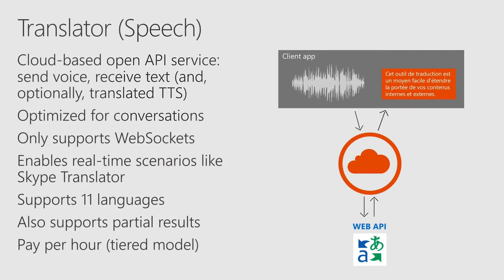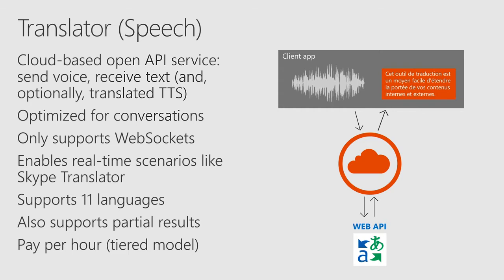The next service we're going to talk about is Speech Translator. And as the name might suggest to you, this is a way of taking a recording of somebody speaking in one language and turning it into another language. And this service can output either text or, optionally, a synthetic voice in another language.